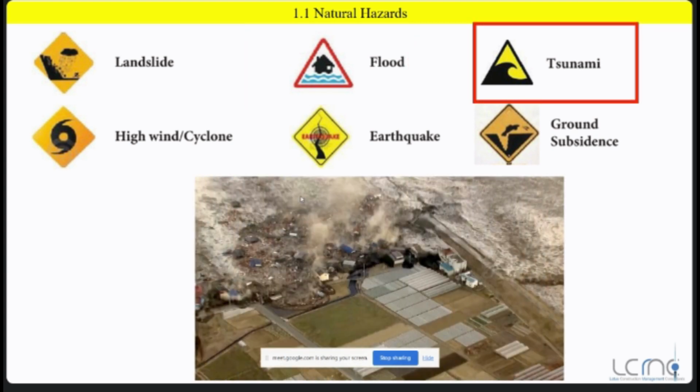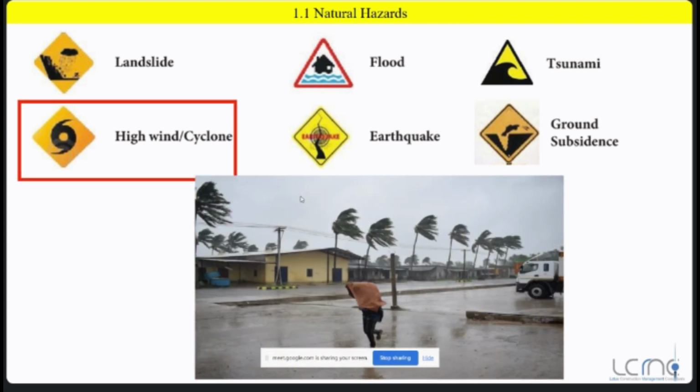And the tsunami, we faced the tsunami in 2004, and you know the extent and the impact we faced in that period. And high wind cyclones, as I mentioned earlier, some of these hazards are not very familiar in the Asian regions.